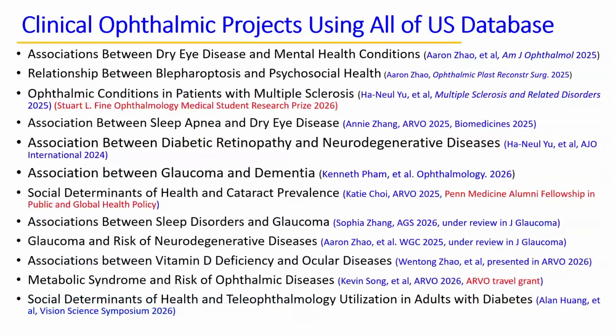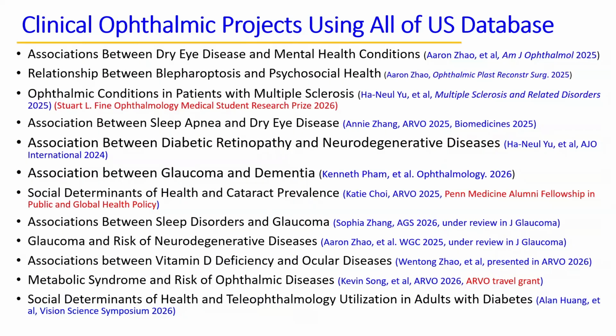We have used this data in the past 2 years and worked on many different projects. Some of the projects have already led to publications, and some were presented at professional conferences, including ARVO. In all these projects I work with excellent students from Penn, from Jackson, and a few other collaborating researchers.